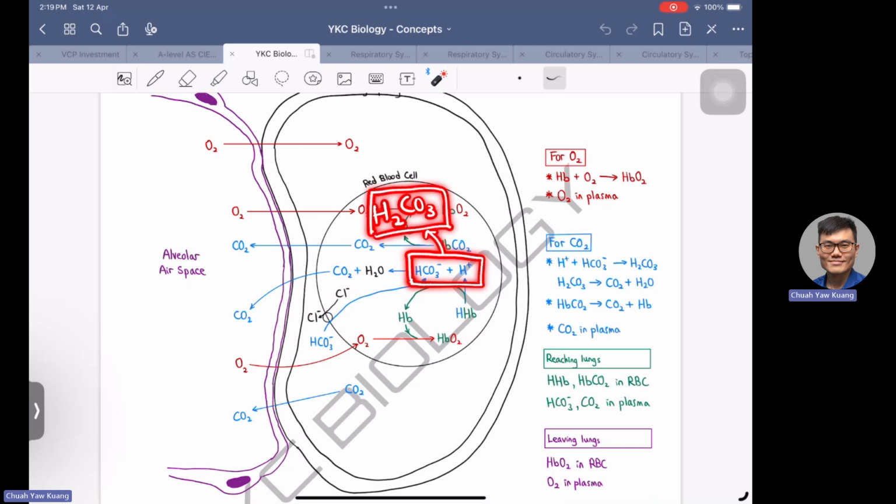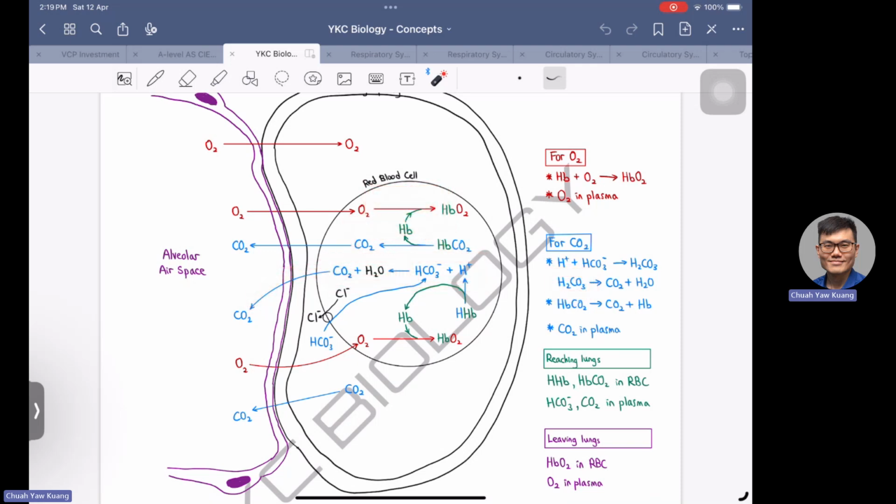Same thing, when the carbonic acid is formed, almost immediately it will dissociate to become the carbon dioxide and the water. Later on, this carbon dioxide will diffuse out of the blood into the alveolar air space down the concentration gradient. So that is all for the first pathway.